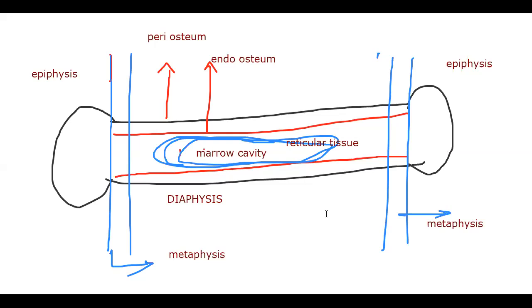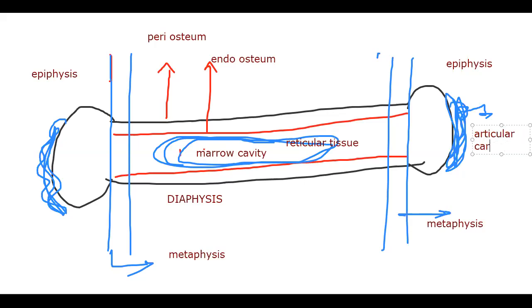At the tip of long bones, we learned earlier, yesterday, that hyaline cartilage is present. What do you call that hyaline cartilage present at the tip of long bones? We called it articular cartilage, isn't it? So the bone has various kinds of connective tissues.